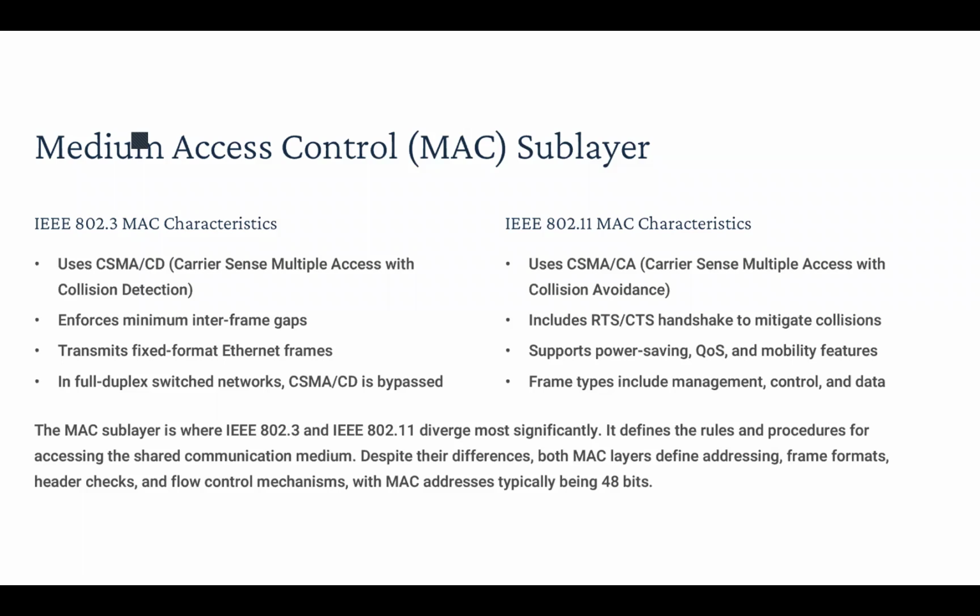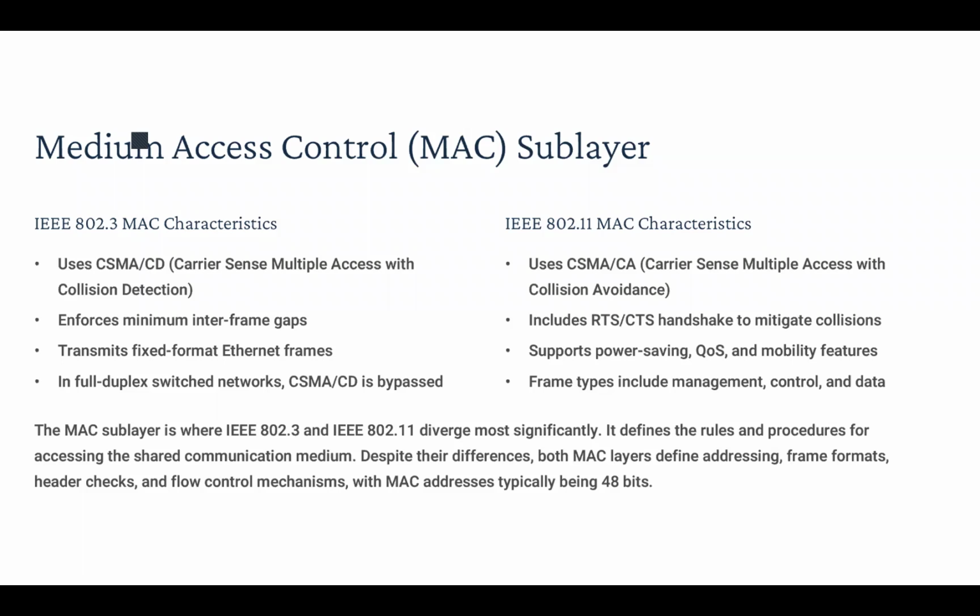The IEEE 802.11 MAC standard also supports power saving mechanisms. It also supports quality of service prioritization and mobility support. Wi-Fi defines three main frame categories. The first one is the management frame. The second one is the control frame, which supports medium access control.